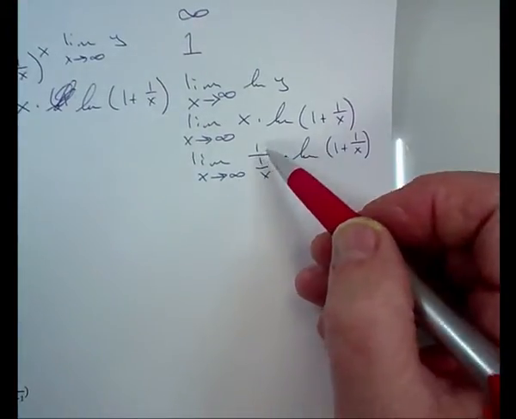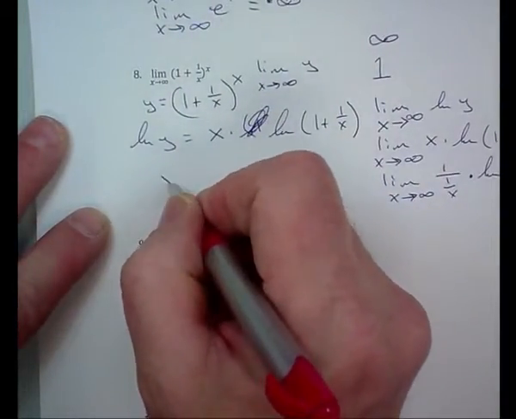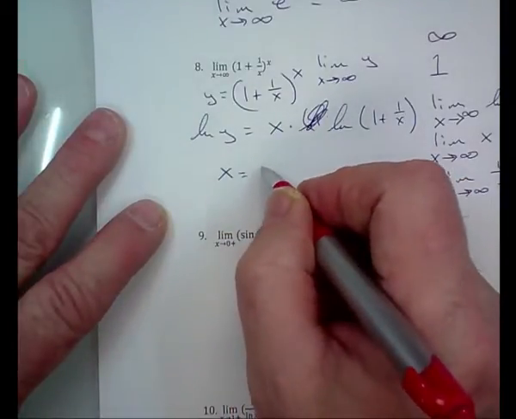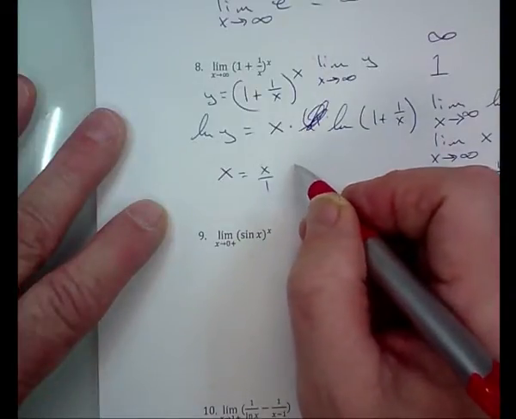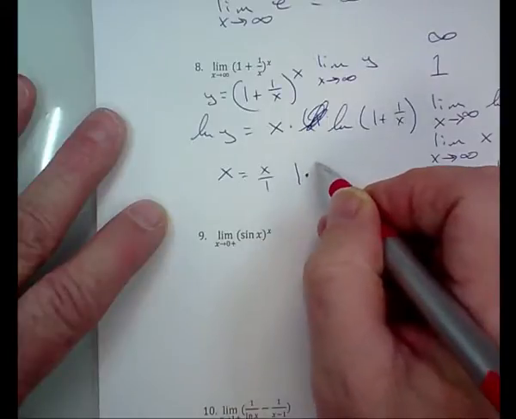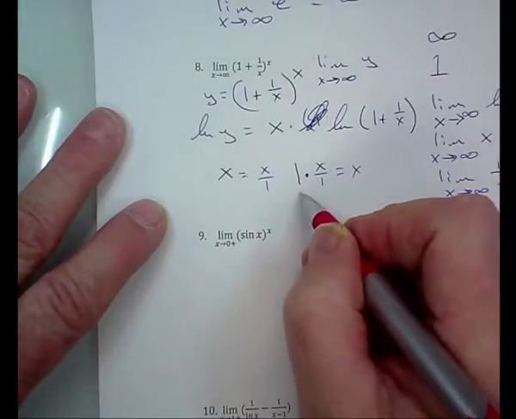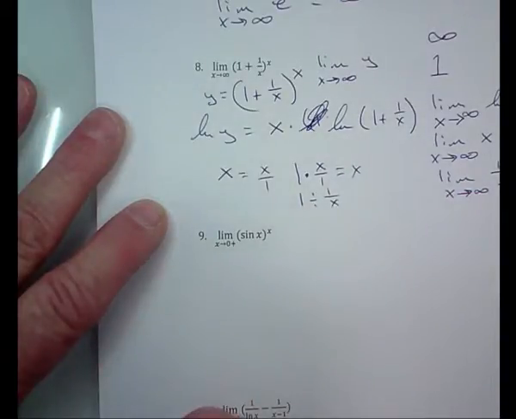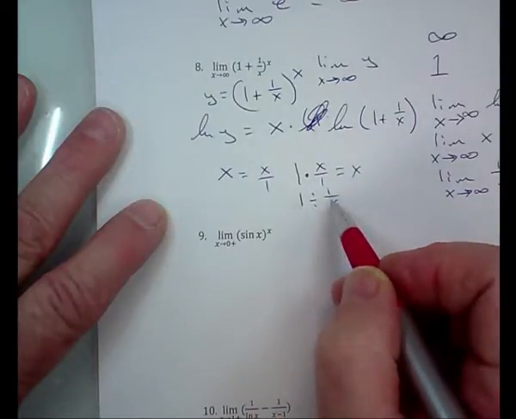Do you write it as 1 over 1 over x? You have x, okay. That's the same as x over 1, correct? And 1 divided by the reciprocal, because when you have fractions and you divide, you can multiply by the reciprocal.